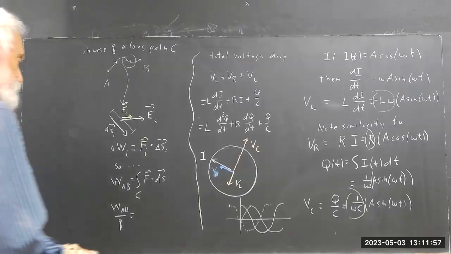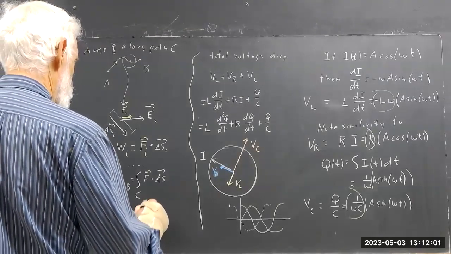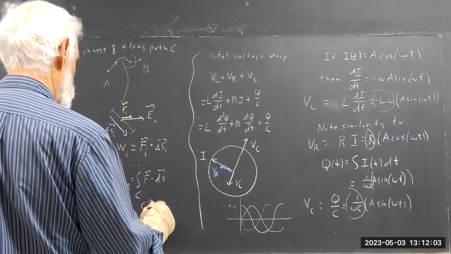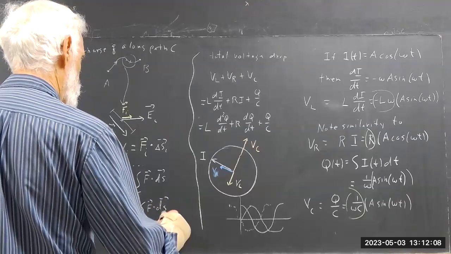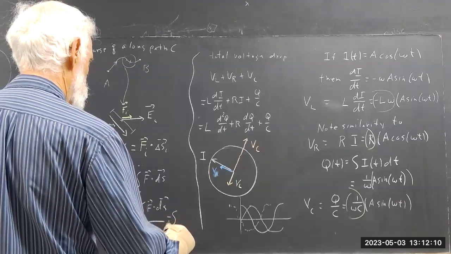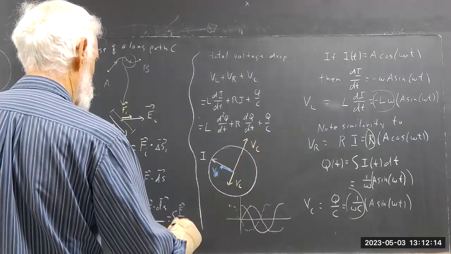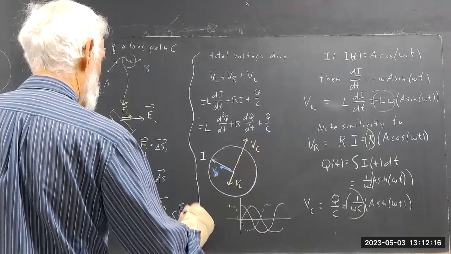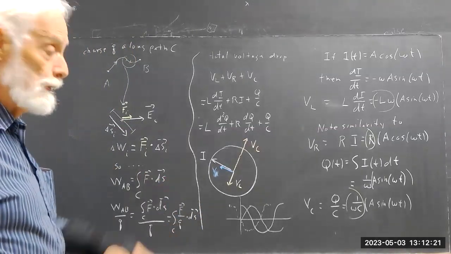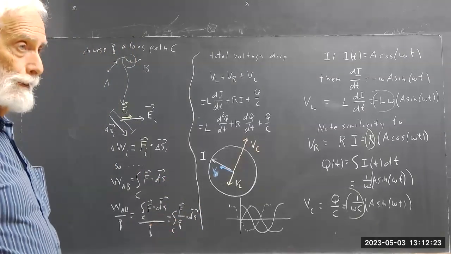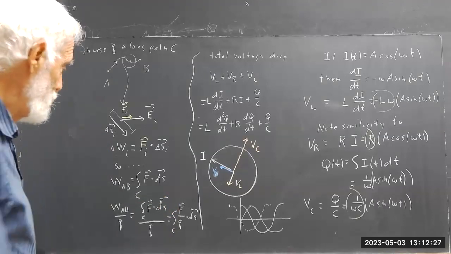So we could say that's the force over the charge times delta S. Electric field is force per unit charge.